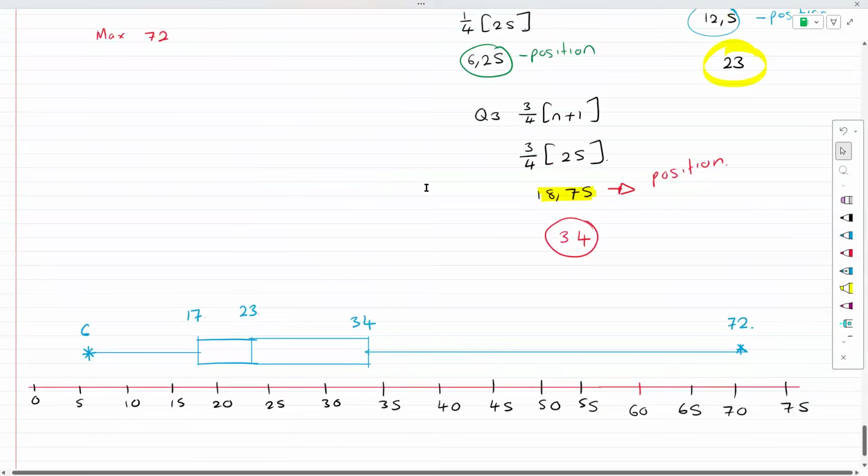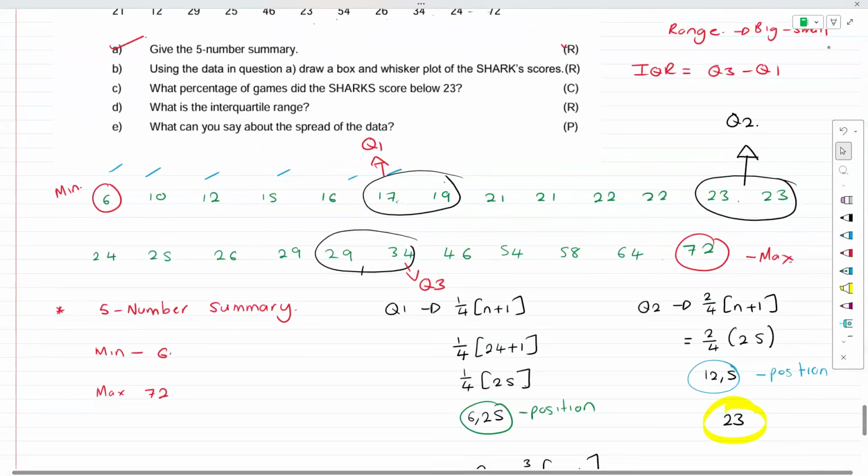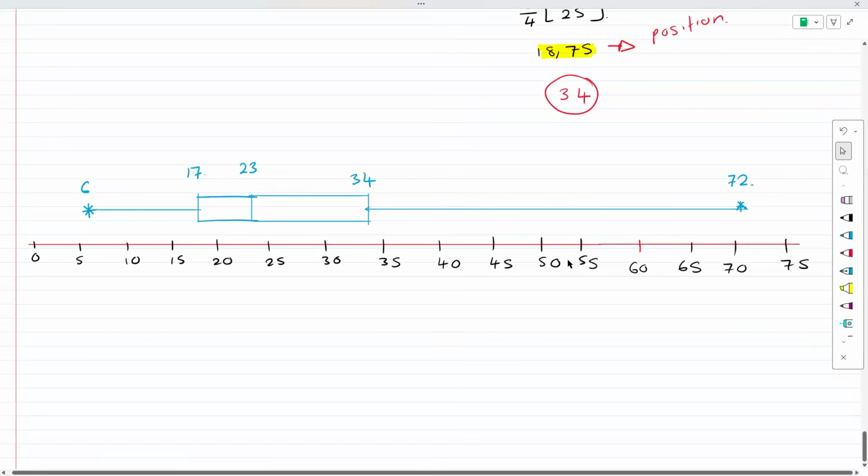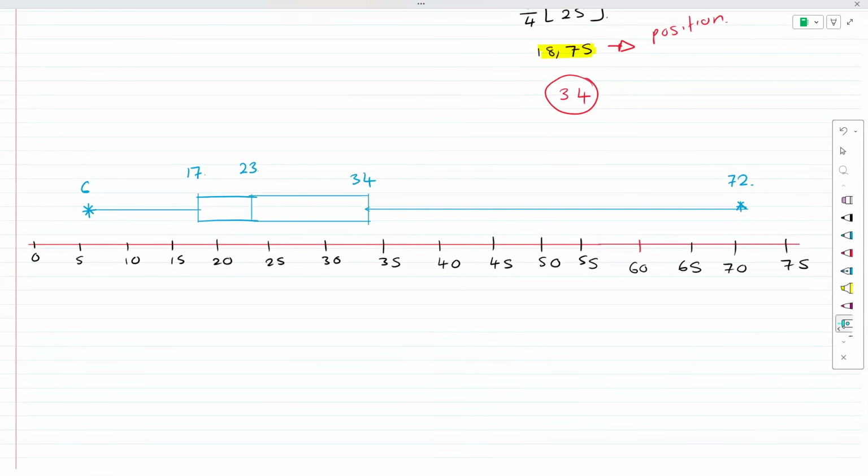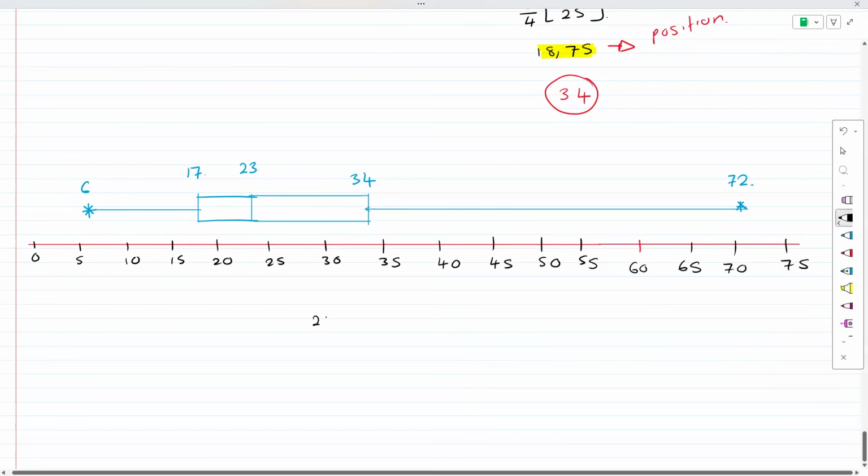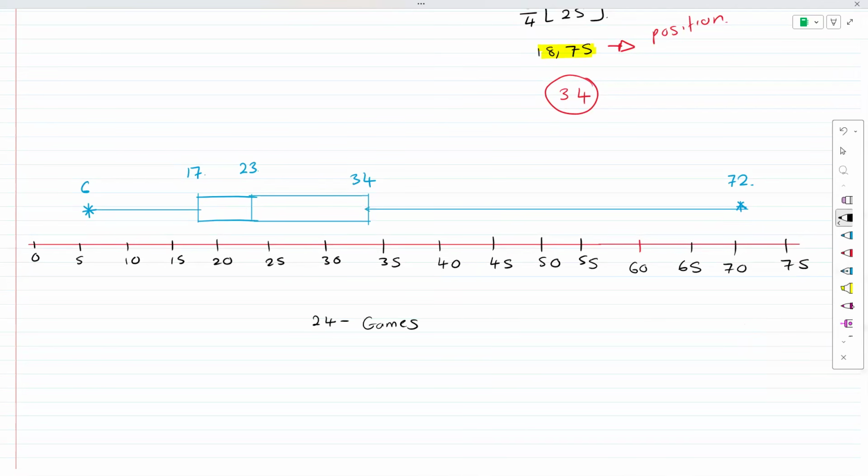Now, the next question is, what percentage of games do the Sharks score below 23? Now, guys, even though every single part of this box is a different size, I want you to understand there's only 24 games. Out of the 24 games, this part here is 25%.